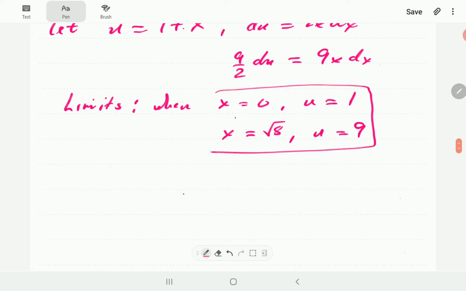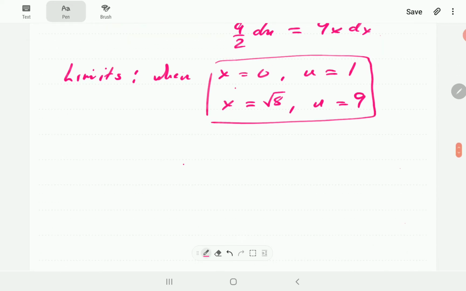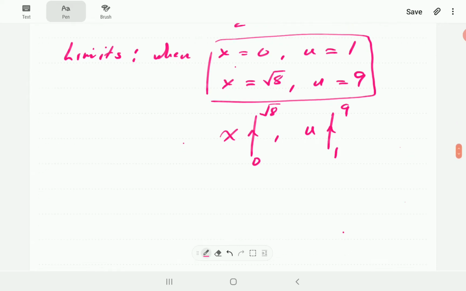This situation, we usually write it like this. The shorthand of it goes like that. So we say as x changes from 0 to square root 8, u changes from 1 to 9. So that's the notation we're going to use henceforth.